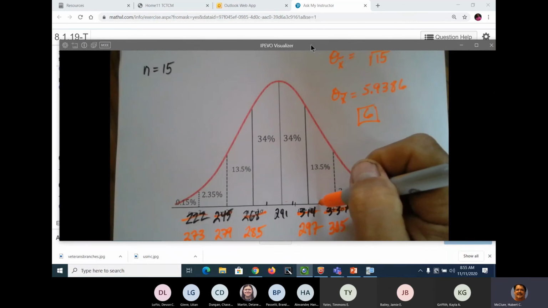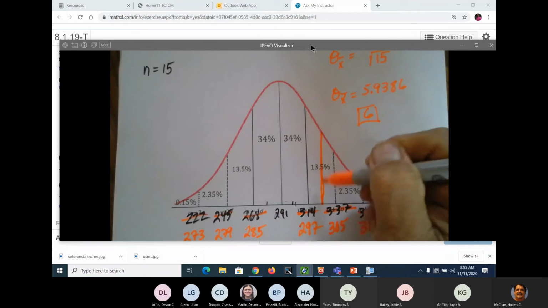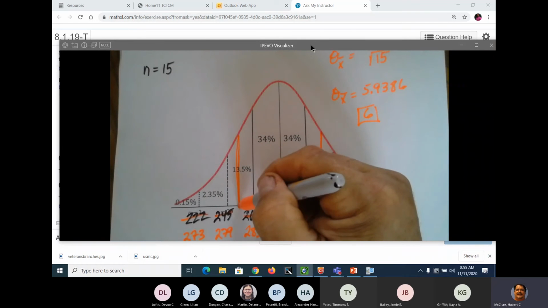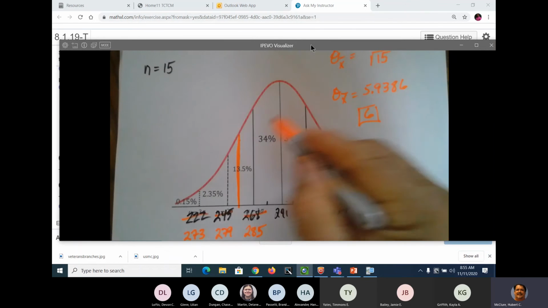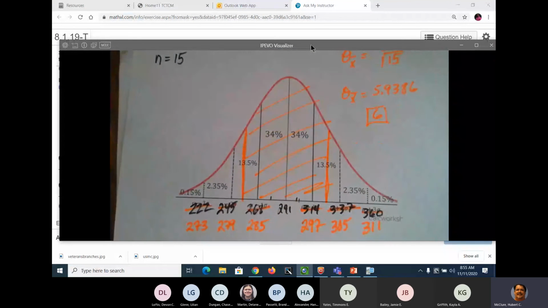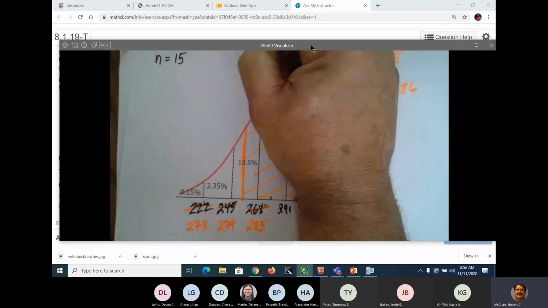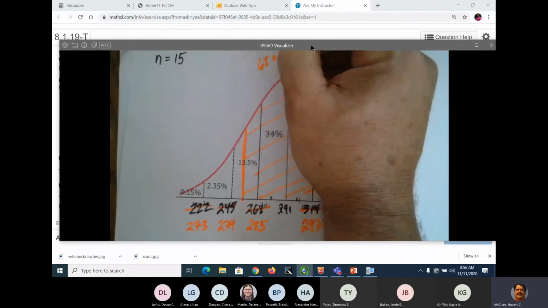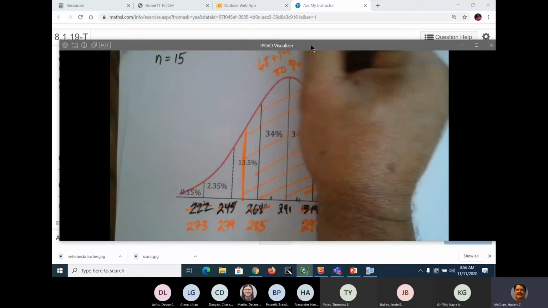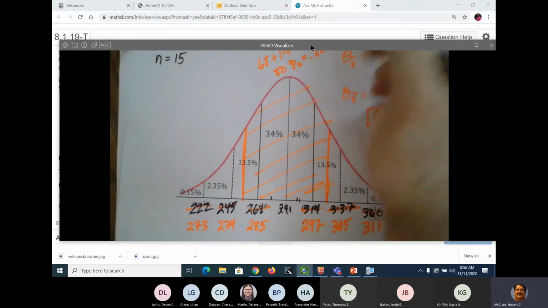So 9 days would be about half here and half here. Now, by the empirical rule, 68, and what's half of 14? 7 and 7, 68 and 14. 68 plus 14 is 80%, or 0.8000. And that's by the empirical rule.